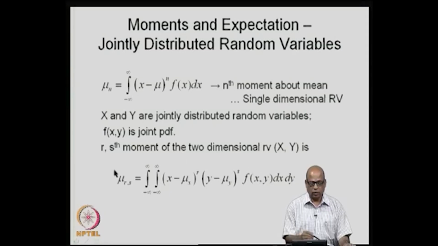So, this is the definition of the r-sth moment of a two dimensional random variable, analogous to the nth moment of the single dimensional random variable.